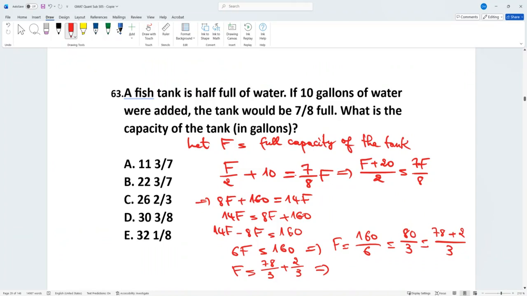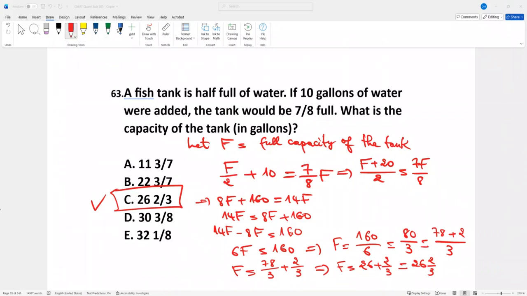When we divide it, it's going to give us 26 plus 2 thirds, which is simply equal to 26 2/3, like this. Okay, so the answer is answer C, 26 2/3, for our question 63.